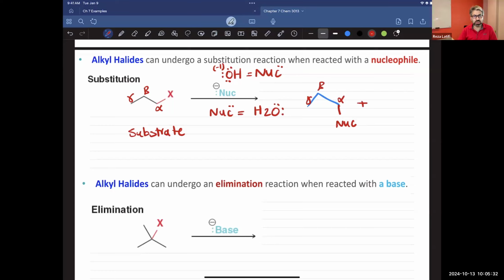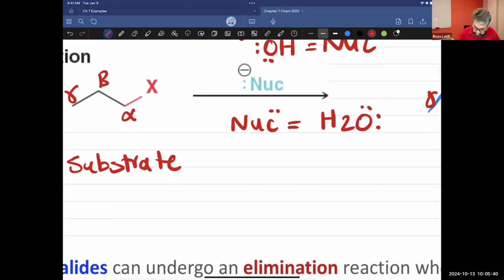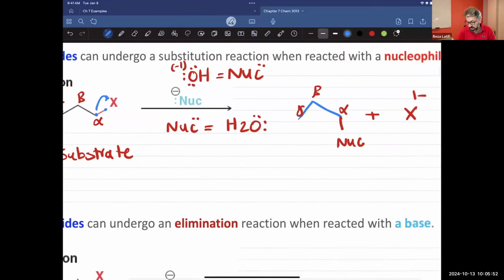You have an X, and X is going to have a -1 charge, because X is going to take those two electrons while leaving, and the nucleophile will replace those 2 missing electrons.